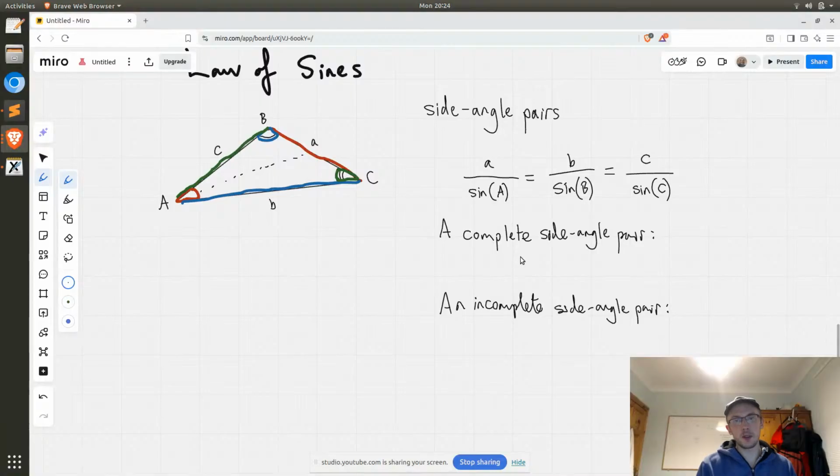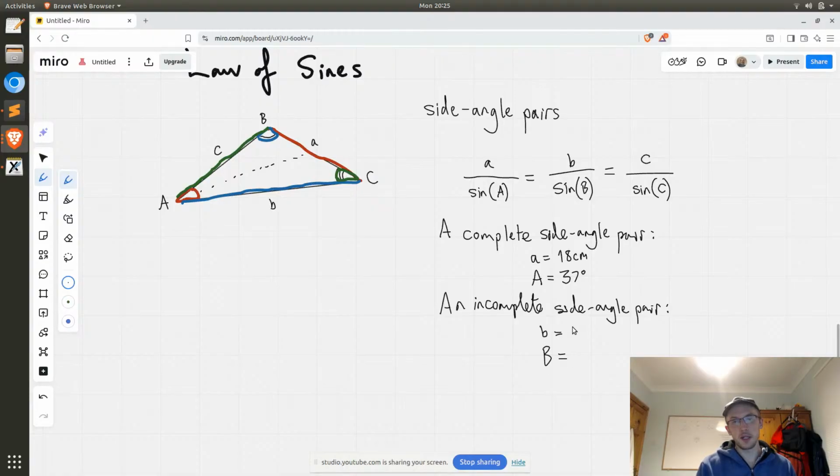For example, if I know the length of side A and the size of angle big A, like let's just say 18 centimeters, 37 degrees. And for side B and angle B, I know one of them, but I don't know the other one.